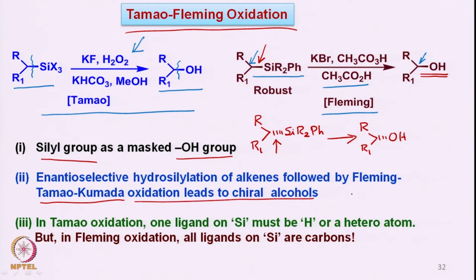That means if one starts with any olefin like this, where there are two different substituents attached, and converts it into the silyl group present here in this fashion, where an asymmetric center is now created, then upon this oxidation you can get the corresponding alcohol in a chiral fashion.